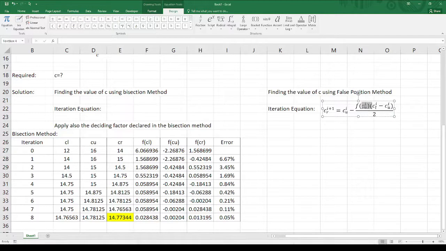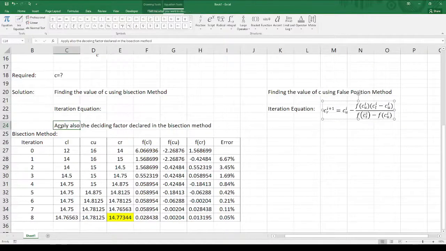Wala ni siyang kopyahan para mas madali. So that is L. So yeah, wala na siya, sakto na siya.